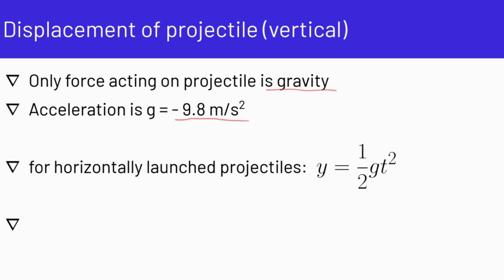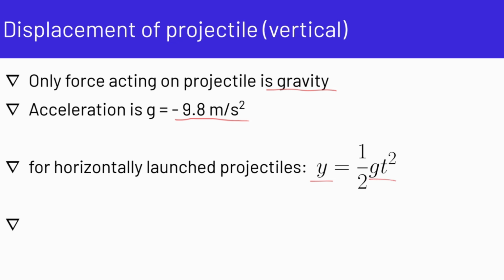Okay, so for horizontally launched projectiles where there's no vertical initial velocity, the equation we're going to use is y equals 1/2 g times t squared.